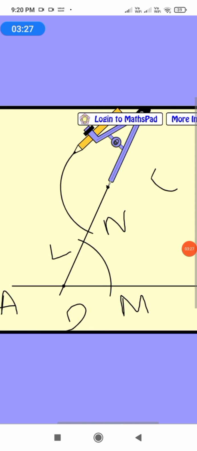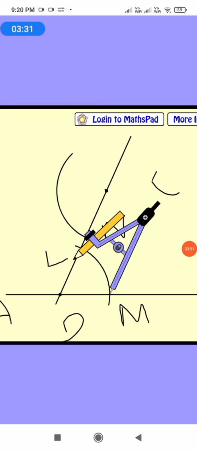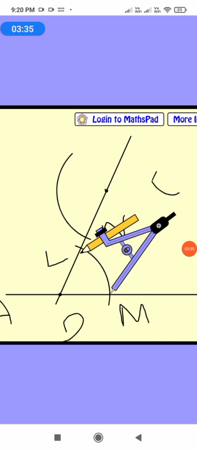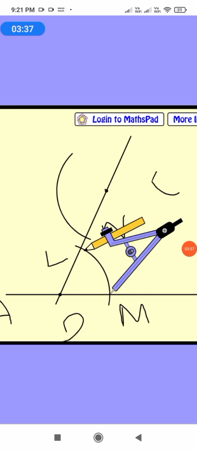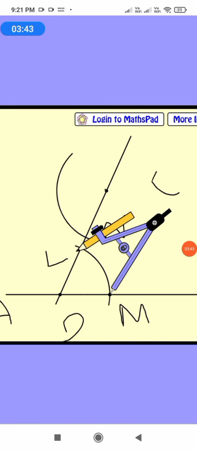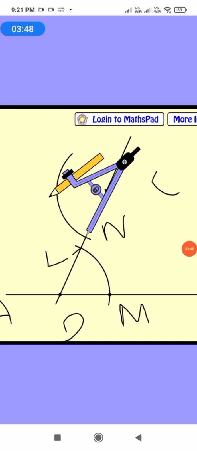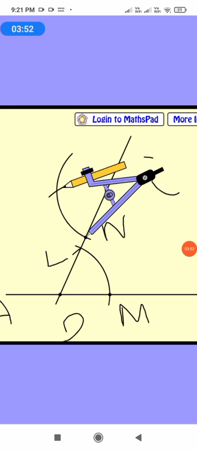So, now I'll take this compass and I will be measuring it. So I'll measure this distance. I will take the compass over there and I will be cutting an arc. So this is where I have cut an arc.